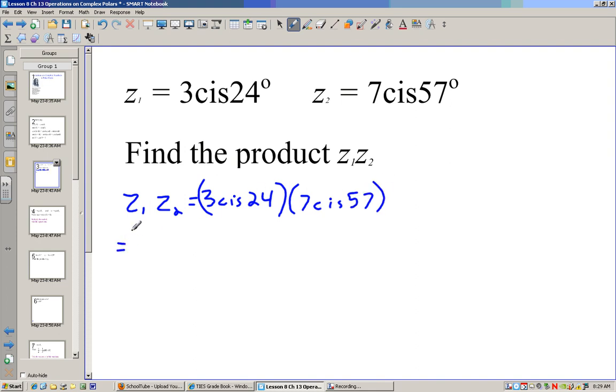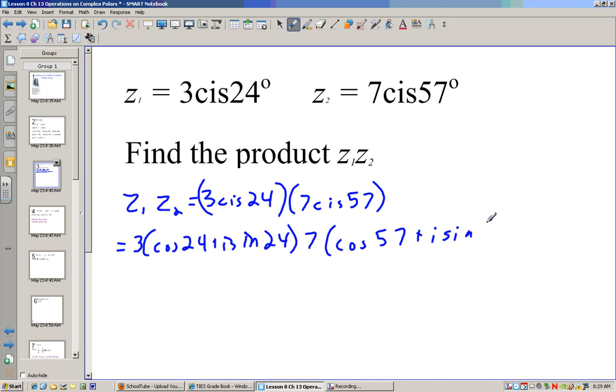Now we're going to expand this. I'm moving to the left because it takes up a little bit of room here. 3 times cosine 24 plus i sine of 24, times 7 times cosine 57 plus i sine of 57.